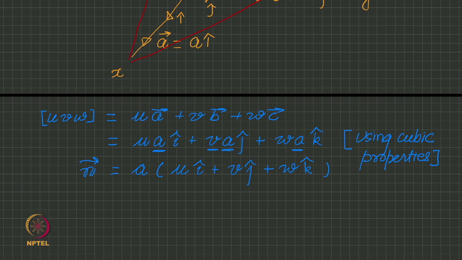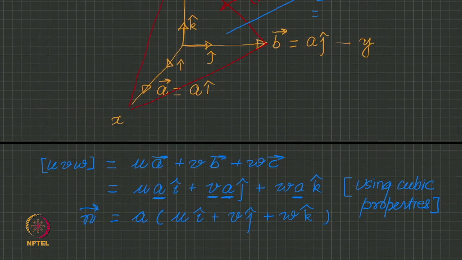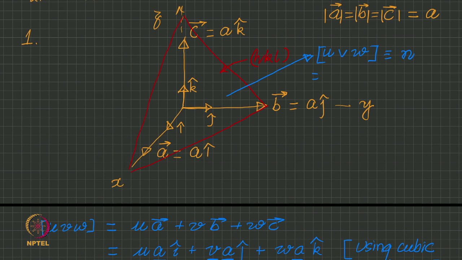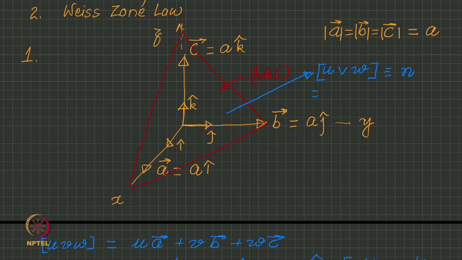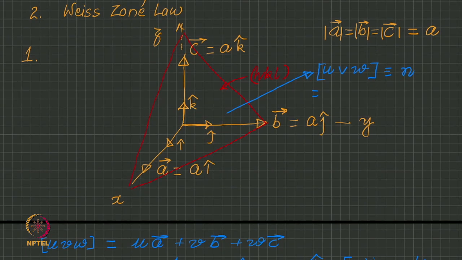I can't say that it is a unit vector, so I am not using a hat, I am simply using an arrow, but by assumption I know that this is a vector which I have assumed to be parallel to my plane normal. Now, what does the definition of HKL tell you? That is the Miller indices of the plane.